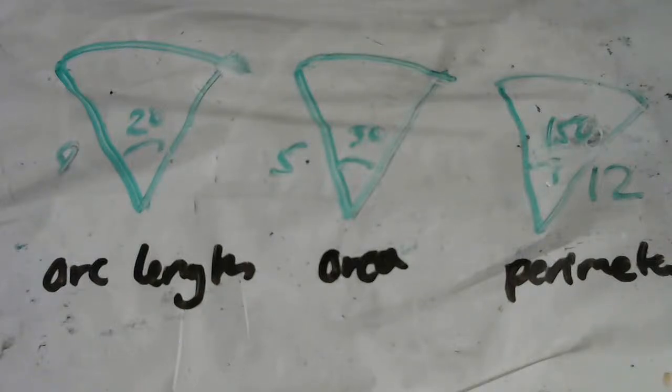Area is 6.54. We'll see about that. 30 over 360. Numan, don't put the answer for the third one, let Harris do it. 1/12 times pi times radius times radius, so that's going to be 25. Area 6.54. Yes. You just need to finish on that one, Harris, for the perimeter.